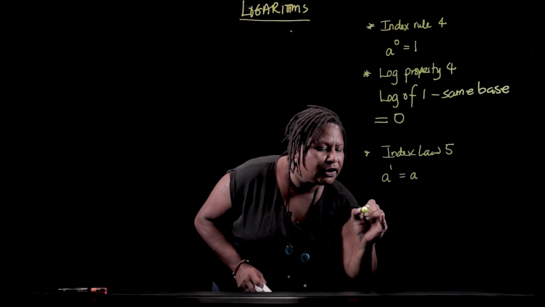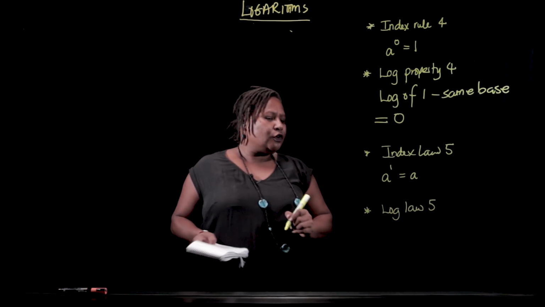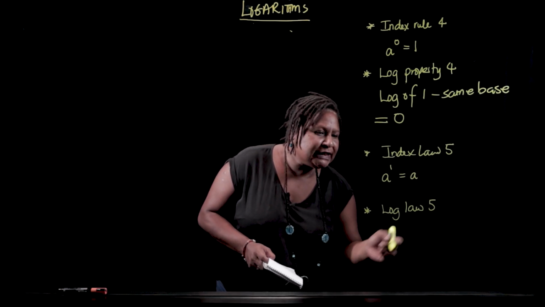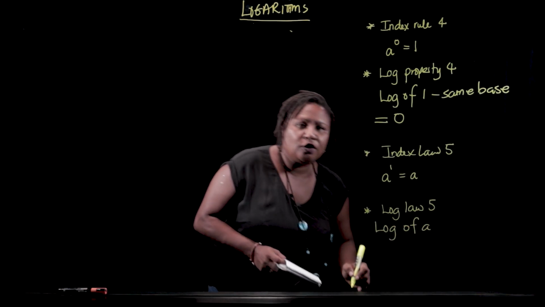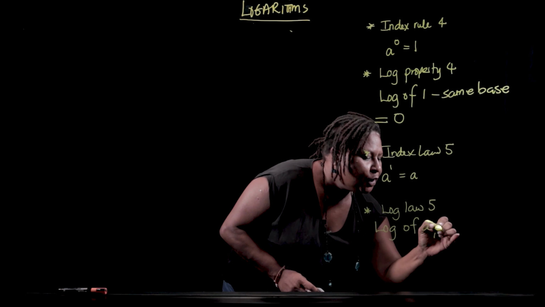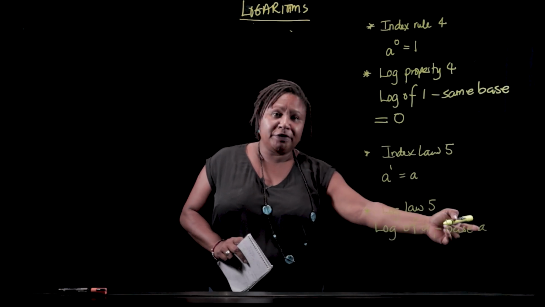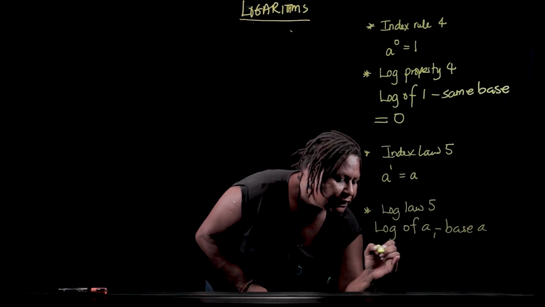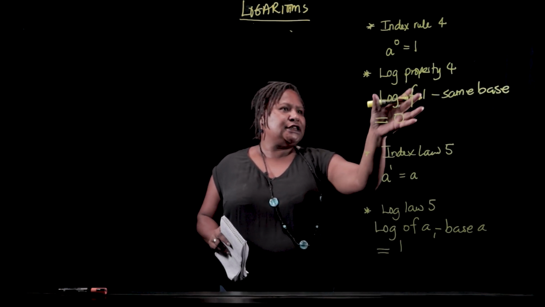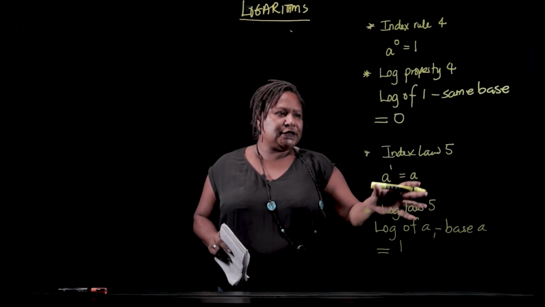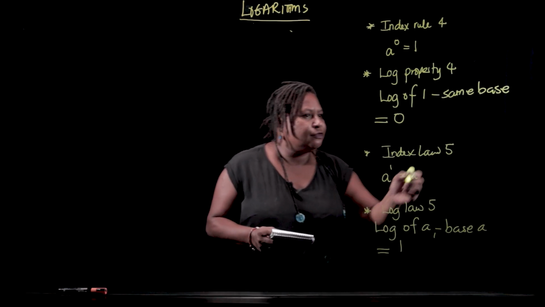So log law number 5 states that if you take the log of A and the base is also A, then this is equal to 1. Now let's write these laws here. We have it in words, but let's state it in log form so that this is easy for you to see.